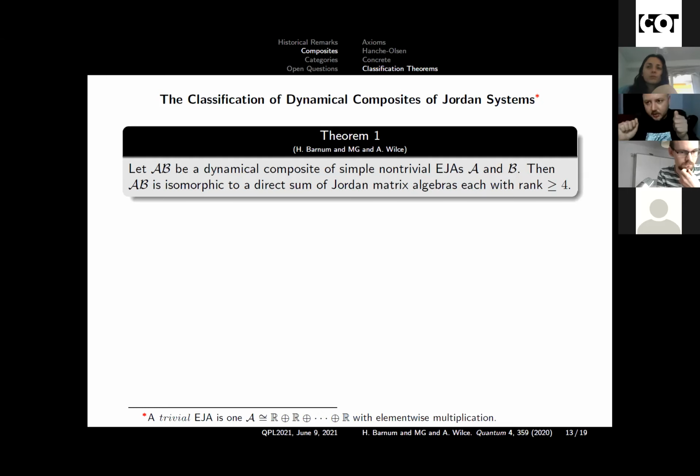That's just to tell you that you're not going to get the quaternionic bit as one of the factors. So the main message is that the composites are special, okay?